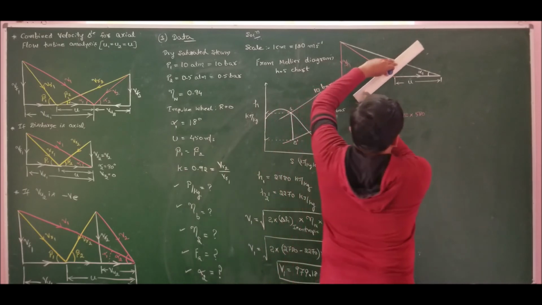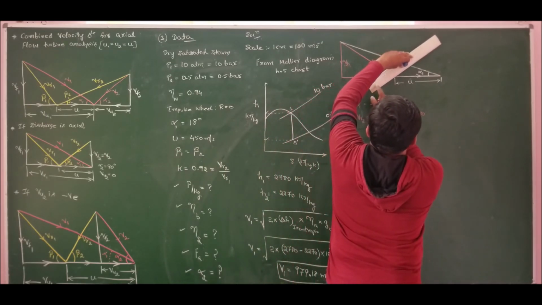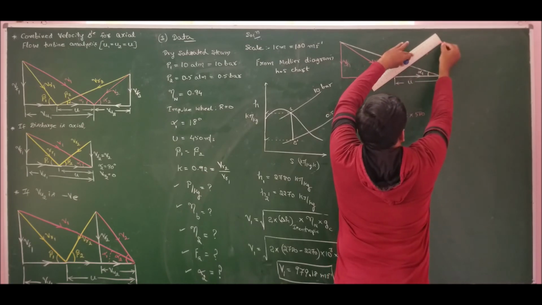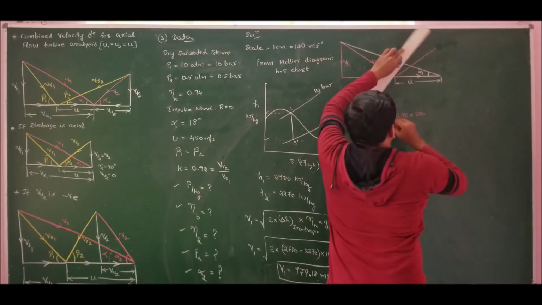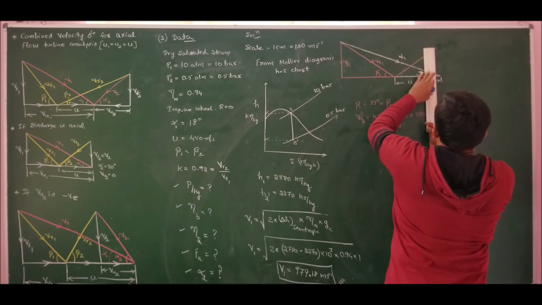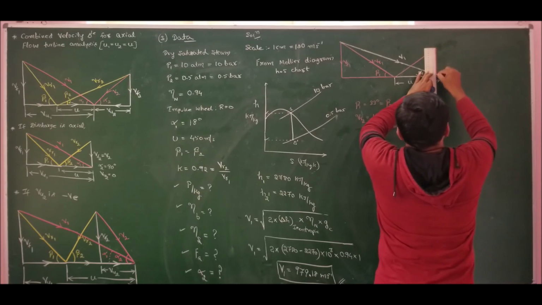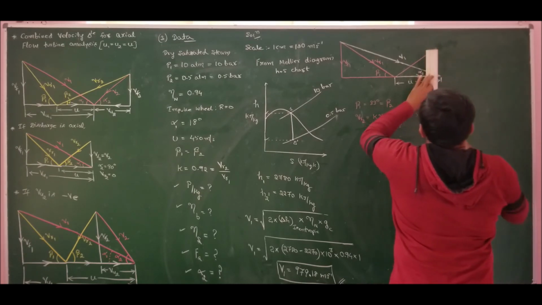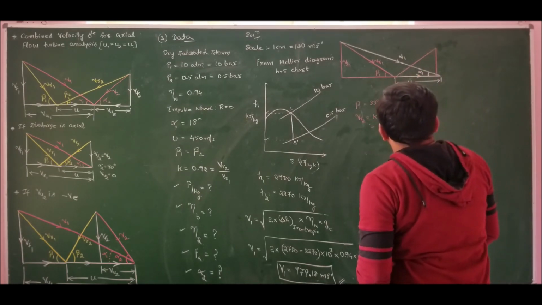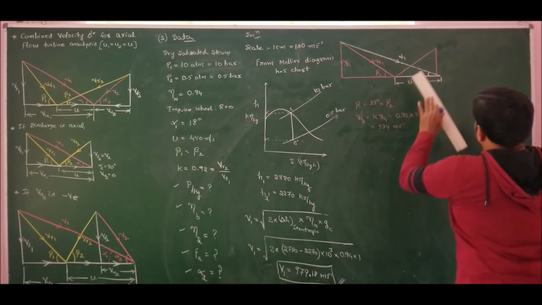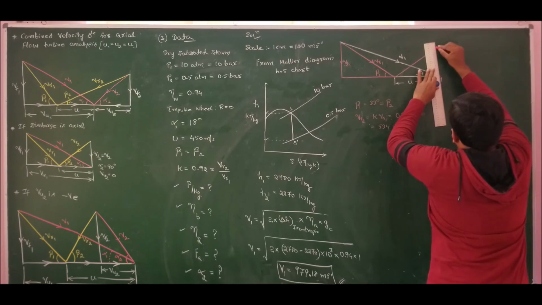Draw 5.3 centimeters at an angle of 33 degrees. Now if I draw a perpendicular, I am getting VU2 as negative. So I am getting a triangle like this, and this will become V2.